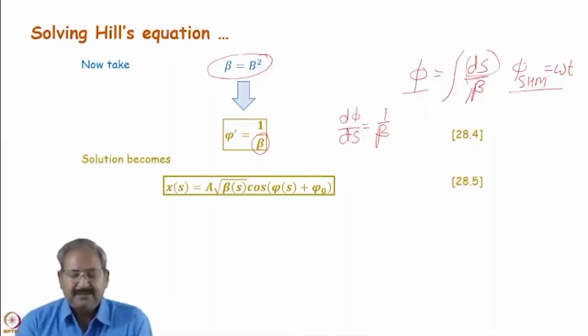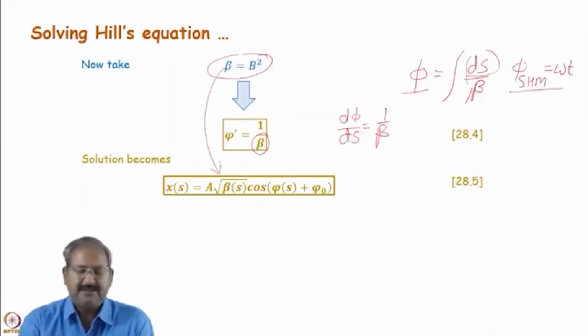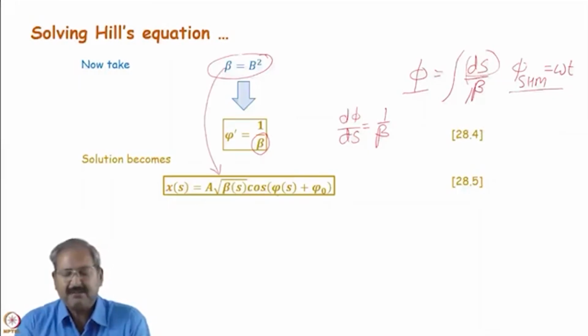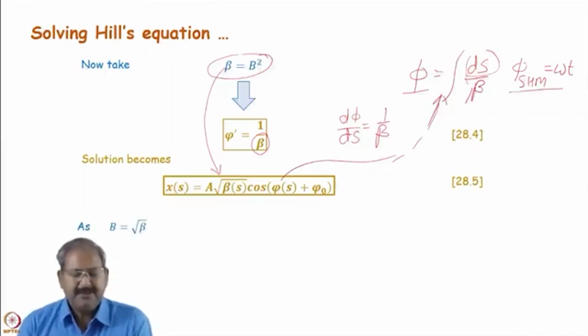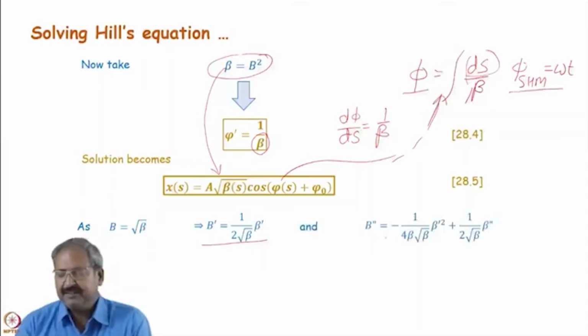Now in the solution, we can write down in place of b, which was our trial solution, root beta, using this relation. So our solution will be a root beta cos of phi plus phi naught, and this phi is basically this. So our whole solution will be in the form of beta. Now as we have b as root beta, b prime will be this quantity. This is just the differentiation of beta, d beta by ds, and the double derivative of b will be like this.